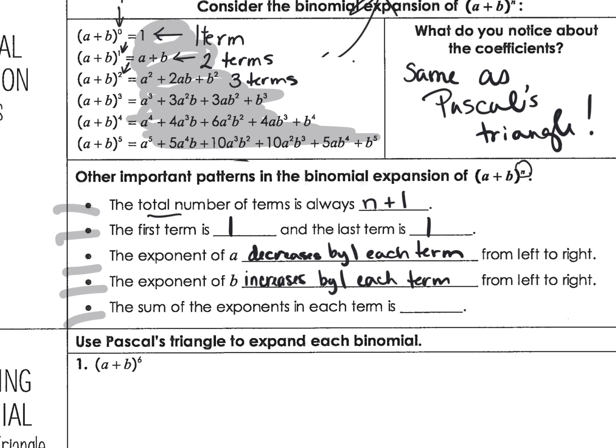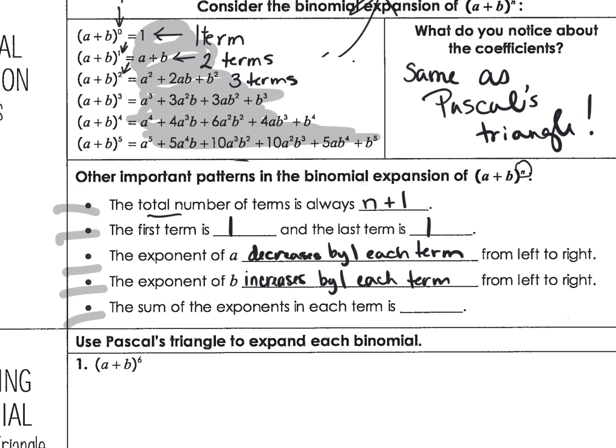Now, the sum of the exponents. Let's compare this to n. What is n right here? So this guy, it is 5. What's the total of the exponents here? There's only one of them, so it's 5, isn't it? What's the total of the exponents between these two terms? 5. Oh, 4 plus 1 is 5. What is the total of the exponents between these two terms? Oh, here, here, here, and what was n?